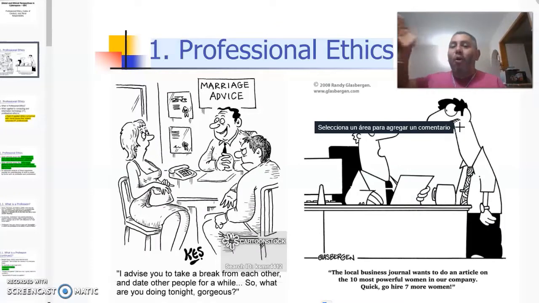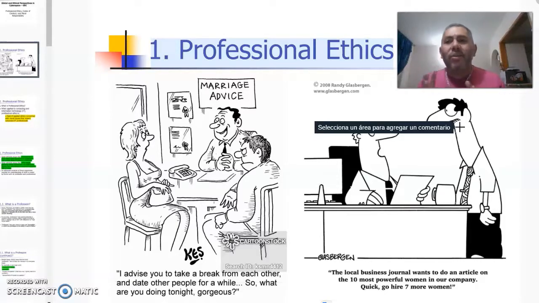Quick, go hire 7 more women." Again, if you analyze this cartoon, it's making fun of a situation related to professional relationships, work environment, companies, but beneath it, you can see some ethical and moral dilemmas.